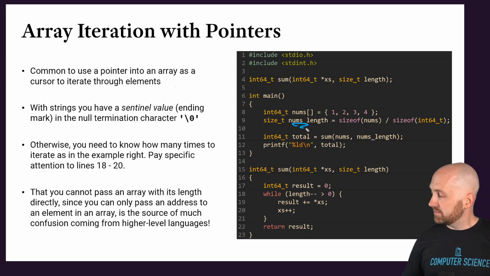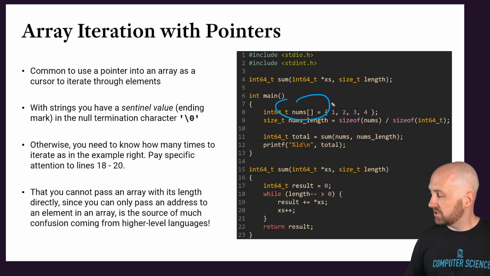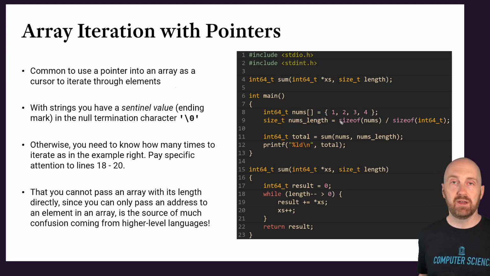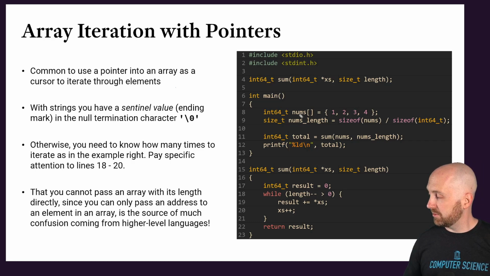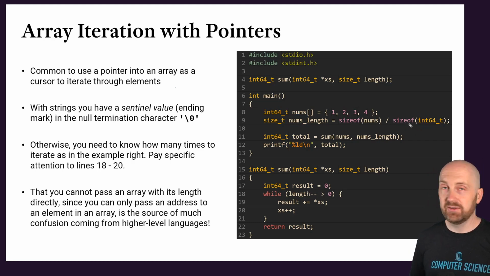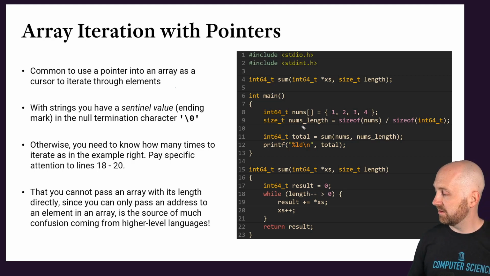And then this nums_length is that sizeof calculation that tells us, given the size of nums, which if these are each 64-bit integers, then we would expect this to be 32 bytes, right? So 8 bytes times 4 would be 32 for the size of nums, and the size of int64_t would be 8. You divide 32 by 8, you get back to 4 for the length of nums, and that's what would be assigned to this nums_length value.